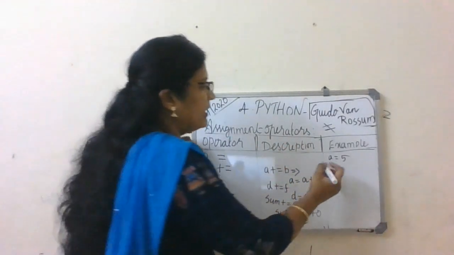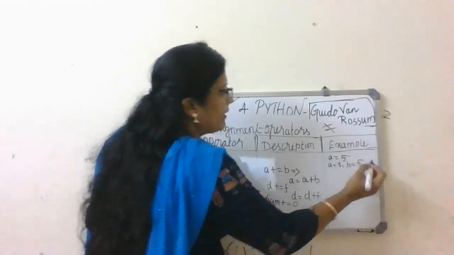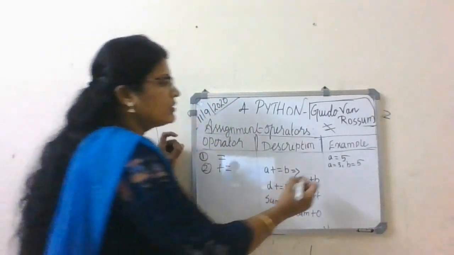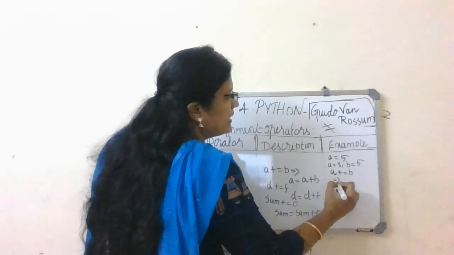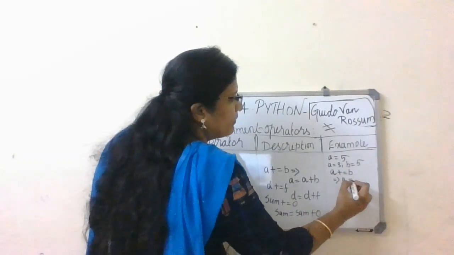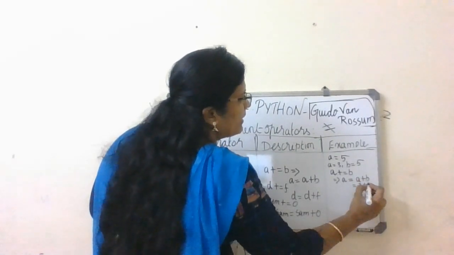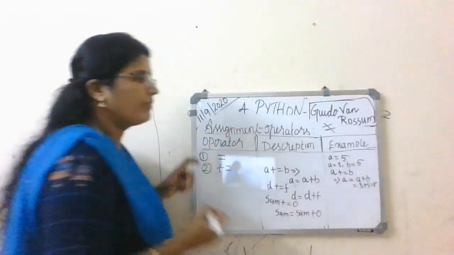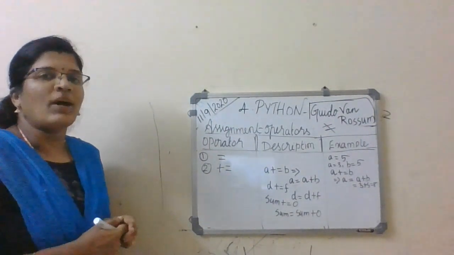Let me give it with numbers. A is equal to 3, B is equal to 5. If I write A plus is equal to B, which means A is equal to A plus B, that is 3 plus 5 is equal to 8. So the value of A is 8. Clear for everyone?